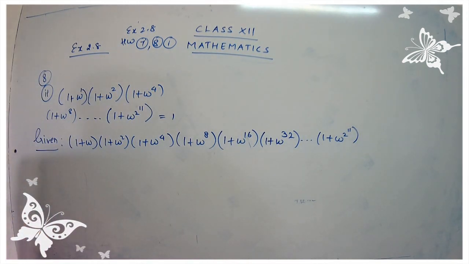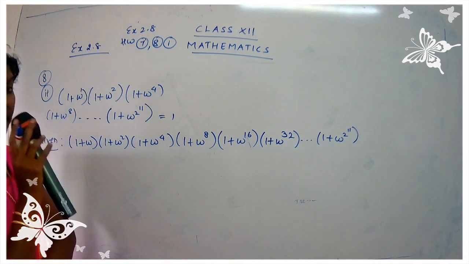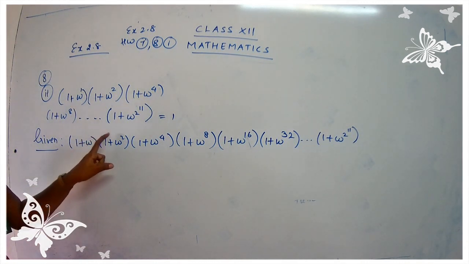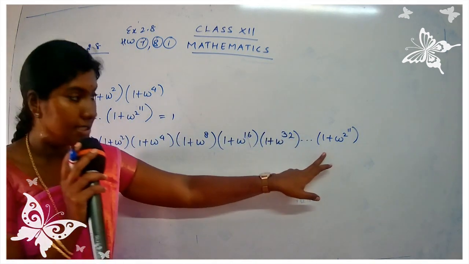Have you taken down the part? (1 plus omega)(1 plus omega square)(1 plus omega raised to 4)(1 plus omega raised to 8)(1 plus omega raised to 16)(1 plus omega raised to 32) dot dot dot (1 plus omega square) the whole raised to 11. Okay children. Now we are going to see that we had some powers, but just see the last term, children.